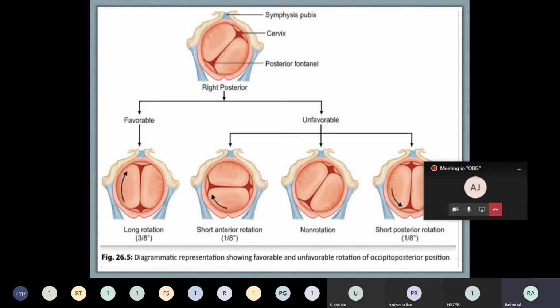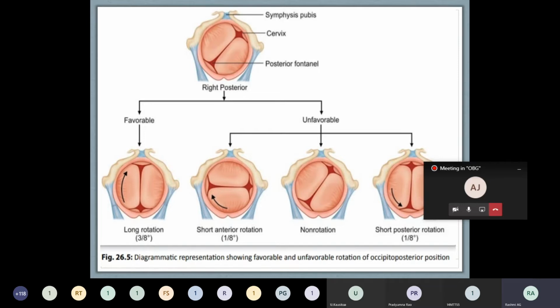This picture tells us what exactly happens in an occipitoposterior position. This is a right occipitoposterior position. If it is favorable, the rotation occurs by 3/8 of the circle, and delivery occurs as in a normal LOA, by extension, followed by delivery of the rest of the body.